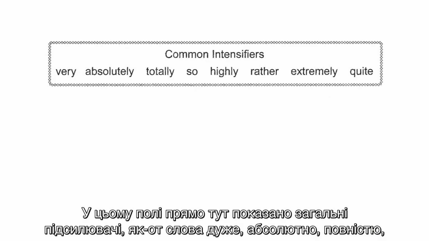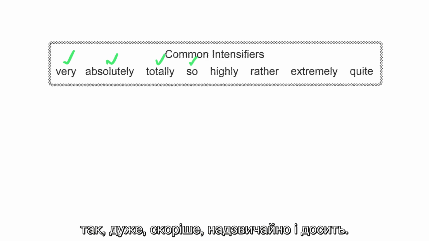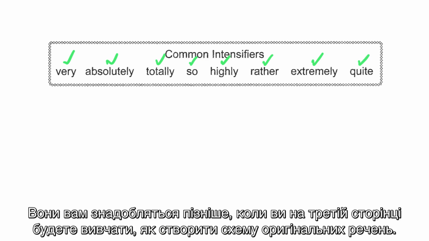This box right here shows common intensifiers, such as the word very, absolutely, totally, so, highly, rather, extremely, and quite.